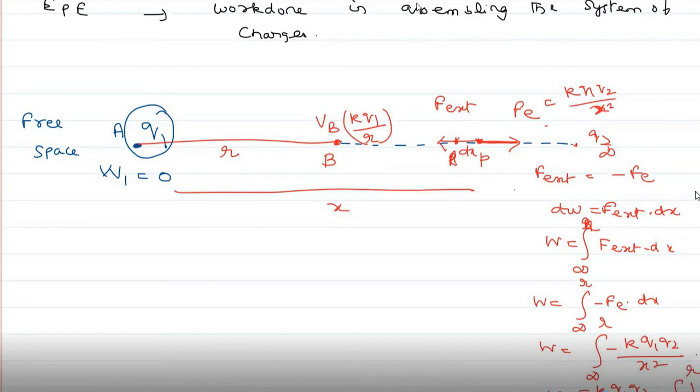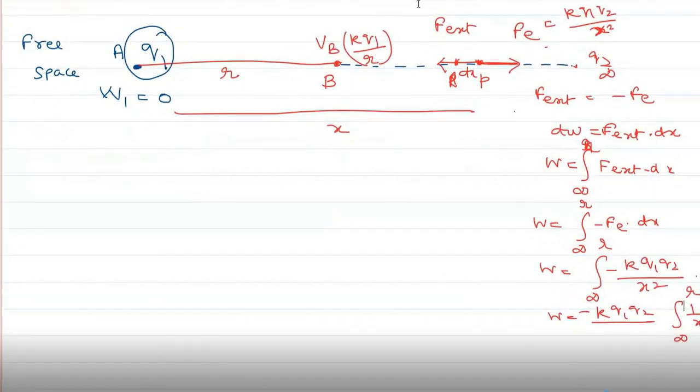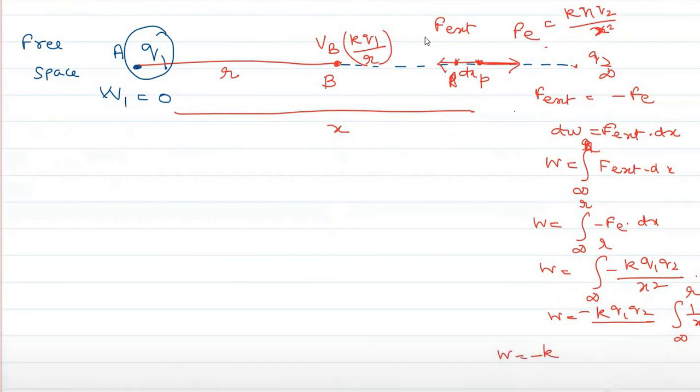Now work done will be equal to minus K Q1 Q2 on integrating 1 by x square. What you will get? Minus 1 by x from infinity to r. We have done this two times in our previous classes. Substituting the limits, minus minus will become plus 1 by r.